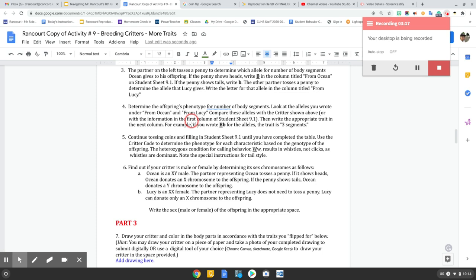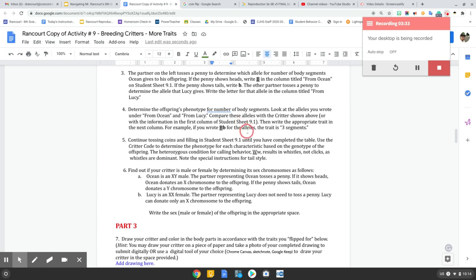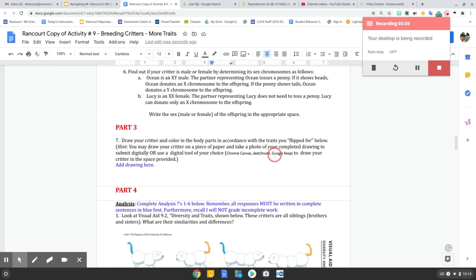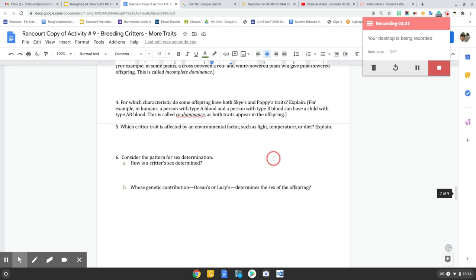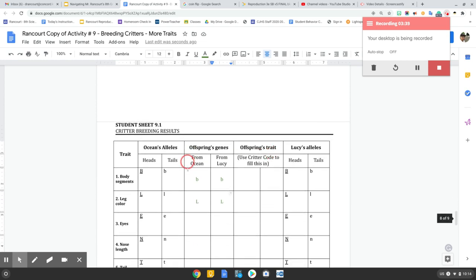When you're done flipping the coin, you're going to go back to step 4 in part 2, and it says determine the offspring's phenotype for the number of body segments. Look at the alleles you wrote from Ocean and from Lucy and compare these alleles with the critter shown above. Then you're going to write the appropriate traits. For body segment, I have little b, and I need to know if that's going to be 2 body segments or 3 body segments.